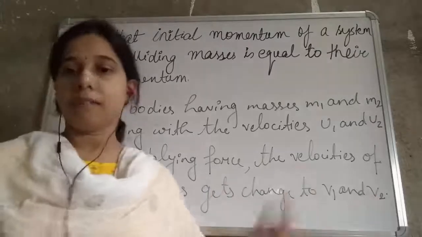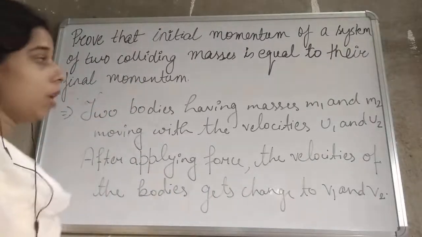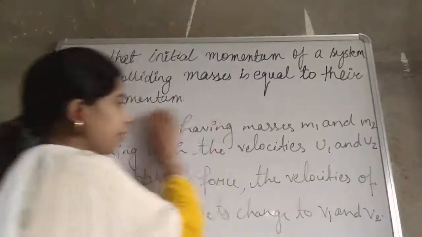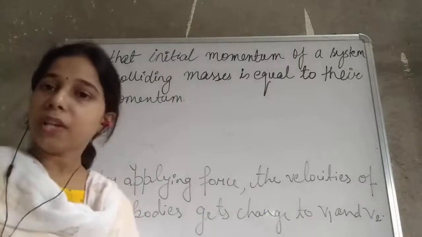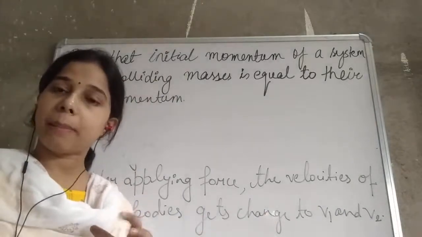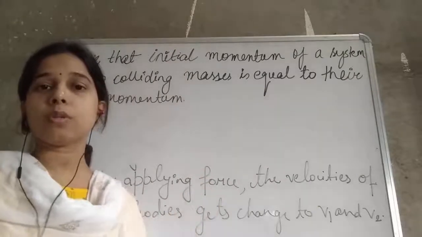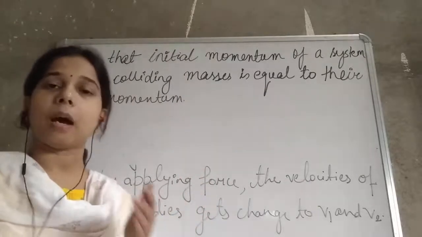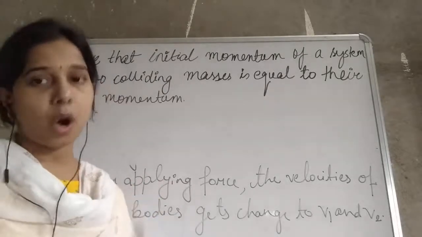Now according to Newton's third law of motion, students, we know that every action has an equal and opposite reaction. It means if a first object applies a force on the second object, the second object will also apply an equal and opposite force on the first object.